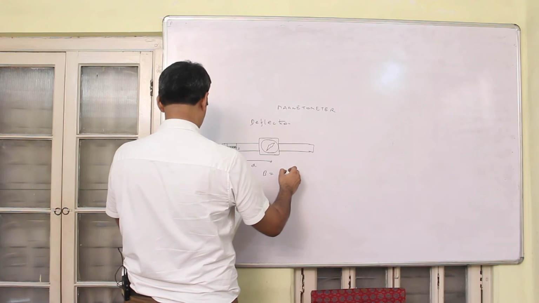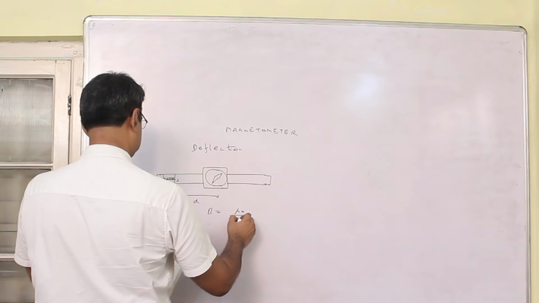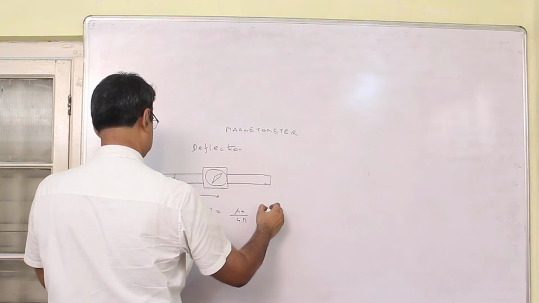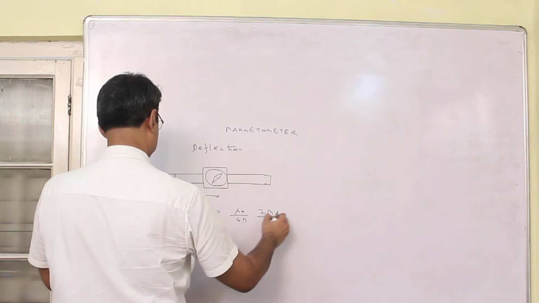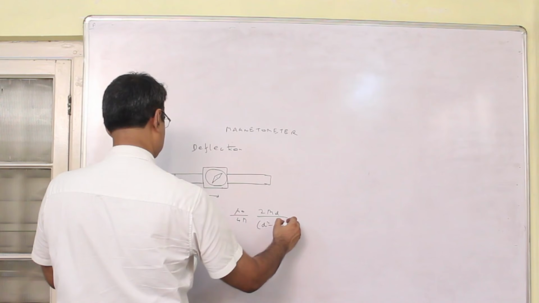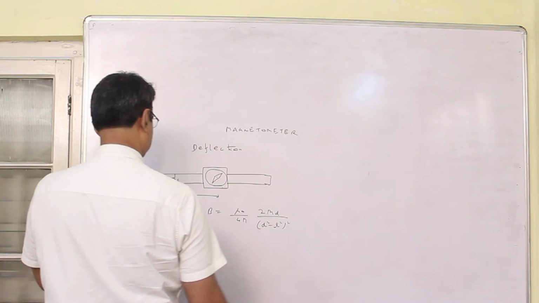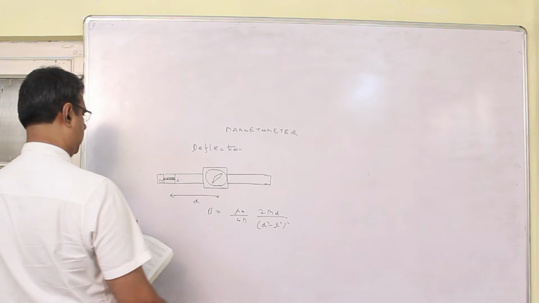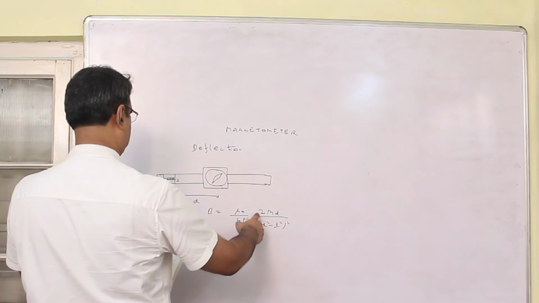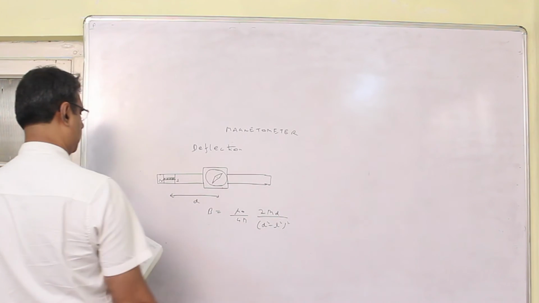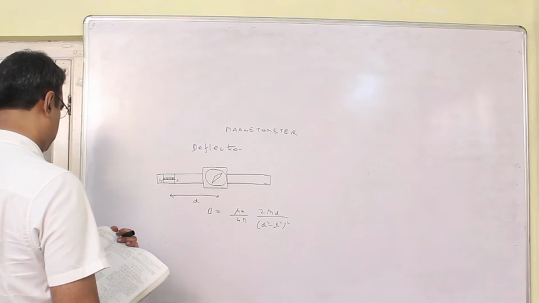Now for end-on position, the formula to find the field is mu naught by 4 pi, 2 M D by (D square minus L square) whole square.